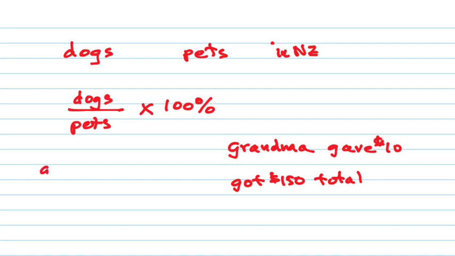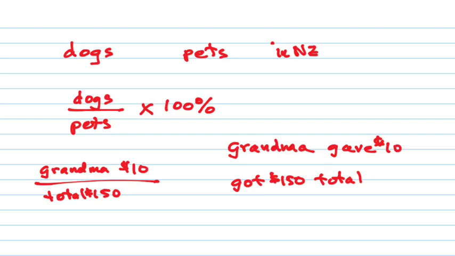The amount your grandma gave you, $10, is the part, and the whole is the total you got, which is $150. And to turn it into a percent, times what? 100%. So all you have to do is decide which thing is the part and which one's the whole.